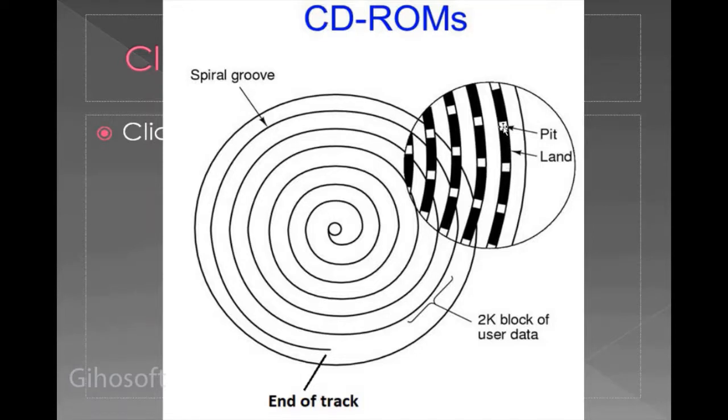When the laser is intensified, it leaves a small hole or a small pit on the surface of the disk, whereas at normal intensity it does not make a hole and that area remains flat. That is known as land or bump. Wherever there is a hole or a short caving in, that is known as a pit.